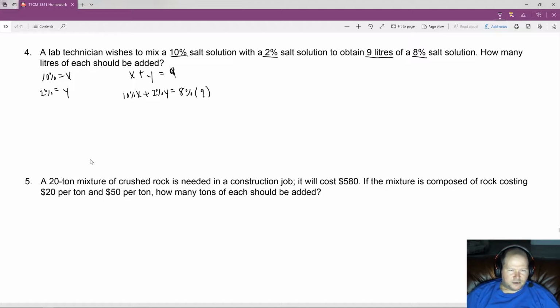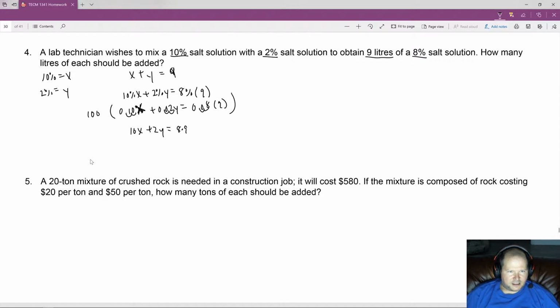Now, let's say I want to get rid of all these percents. Well, I could rewrite them as decimals, which is 0.1X plus 0.02Y equals 0.08 times 9. And then we can multiply everything by 100 to get rid of those two decimal places. Move them over 2, move them over 2, move them over 2, which gives me 10X plus 2Y equals 8 times 9.